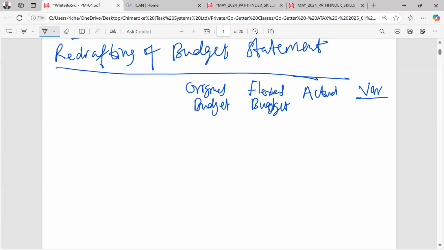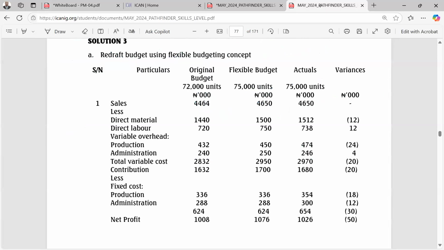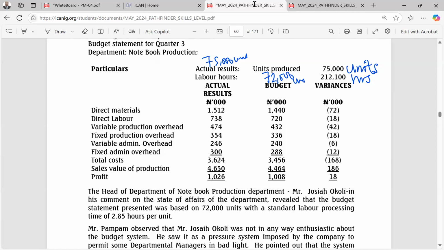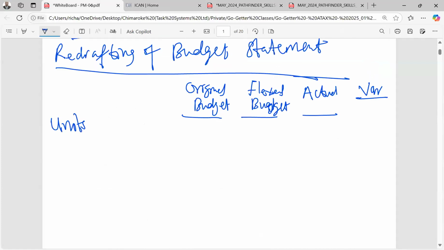Okay, so we'll start with units. Sorry. This is going to be units produced. Units produced stroke sold.